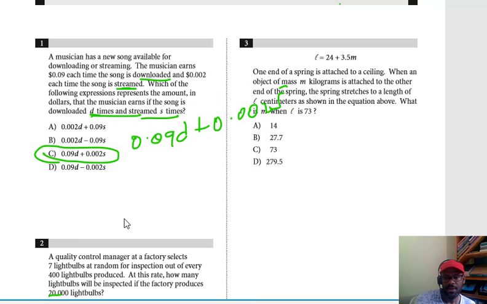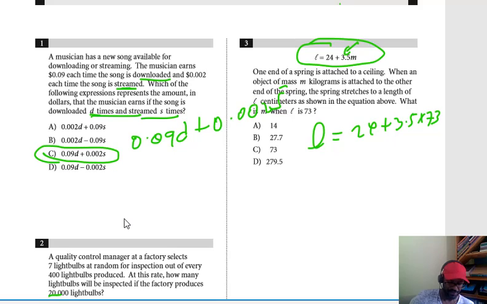Okay, question number 2. One end of the spring is attached to the ceiling. Okay, the equation is given. This is a linear equation where 1.35 is the slope. When an object of mass m is attached to the other end of the spring, it stretches. Okay, so what's the question? What is m when L is 23? Just direct substitution. Okay, so 24 plus 3.5 times 73. Use calculator.